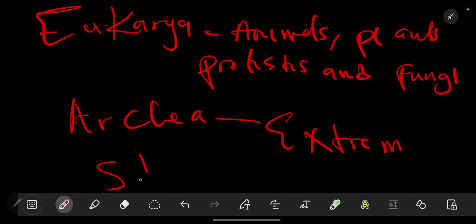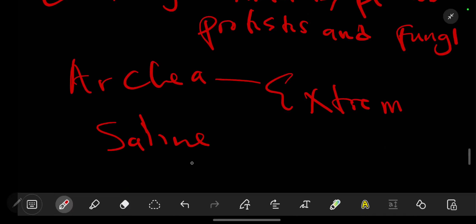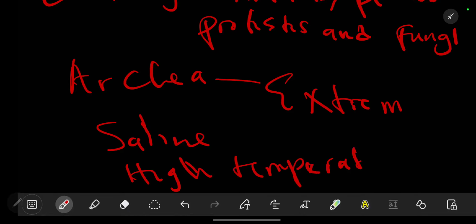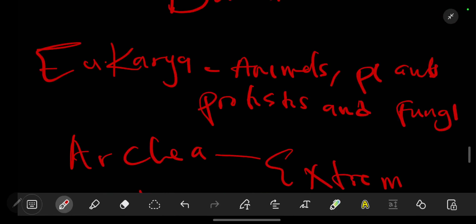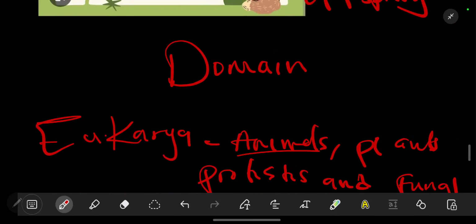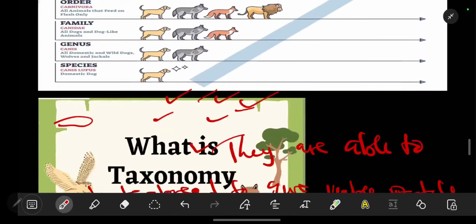Saline simply means salty environments. They are also able to survive very high temperatures. So these are very extreme organisms. We also have the domain Bacteria. These are more like general. As you can see, in Eukarya you have the animals, plants, protists and the fungi.